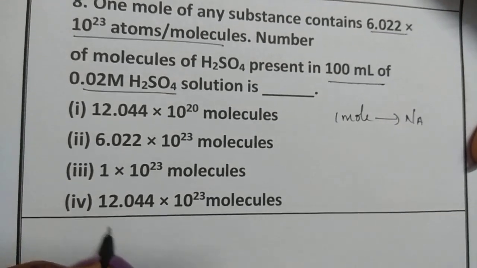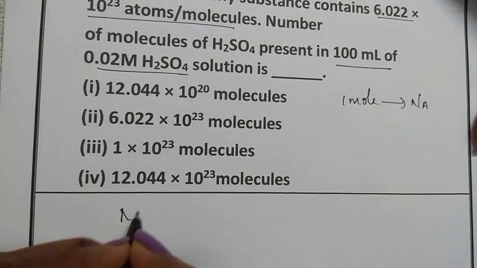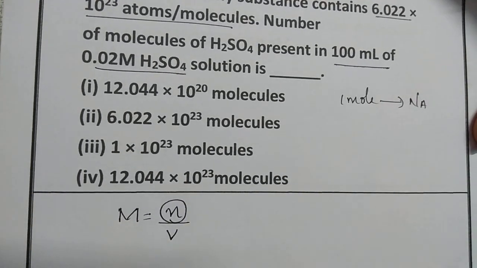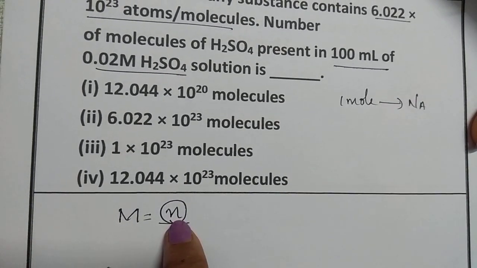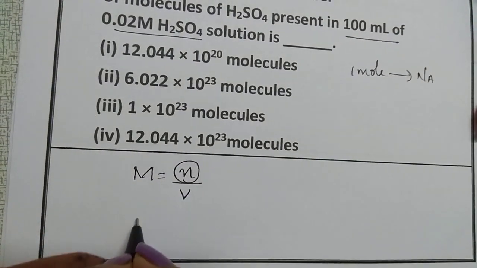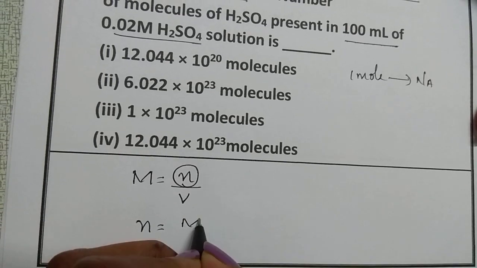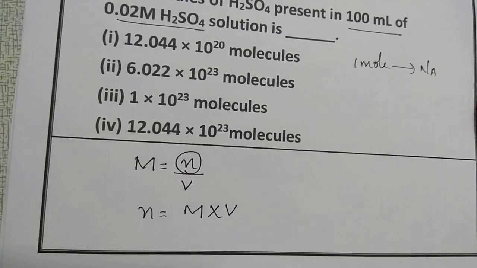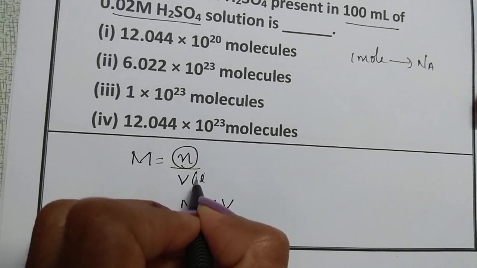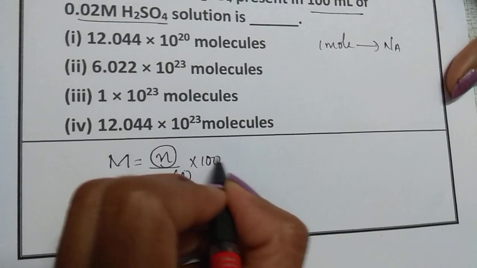See students, we have a formula, molarity is equal to n by V. First calculate the number of moles, then you can find the number of molecules. Number of moles is molarity into volume, when volume is in liter. If you want in milliliter, you need to divide by 1000.